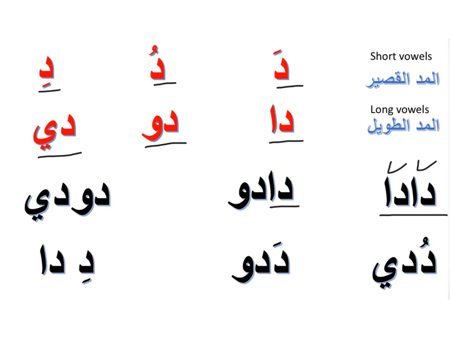Do. Can you try to read this one by yourself? Do, di. Da, do. Di, da. See, from only the letter da, we were able to read today 6 words.